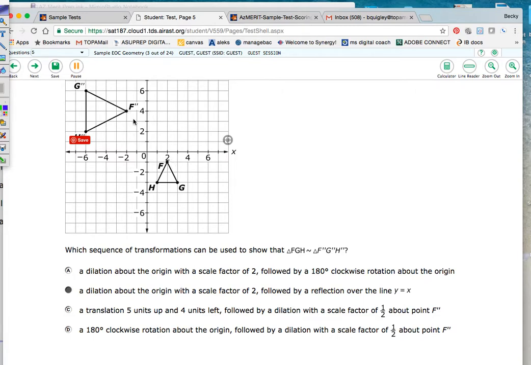Just briefly looking at this and comparing these two coordinates here, let's go ahead and do a dilation of a scale factor of 2. It's going to go about here. So your new f coordinate is going to be somewhere around here. That clearly is a reflection over the line y equals x. But again, just to be on the safe side, it's okay to go ahead and plug it into your Desmos grapher and see what that looks like.